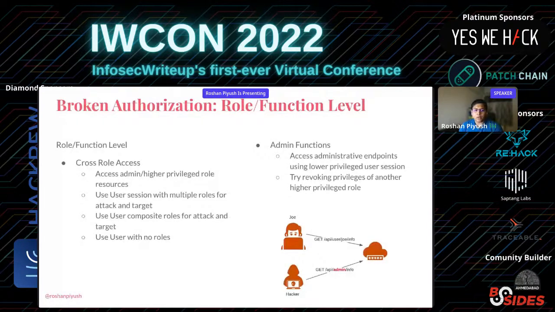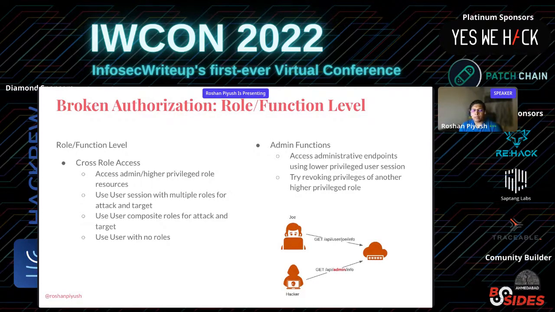Also use composite roles. Sometimes there are roles that combine different roles together, so they may have very different permission checks, and that helps you bypass many of the times. Also, don't forget to use a user with no roles, because sometimes there are checks for all privileges, but if there are no roles, there are sometimes no checks as well, and it leads to bypasses.